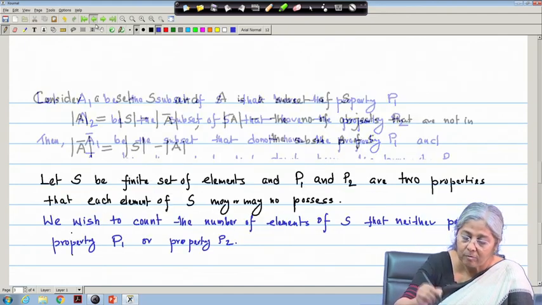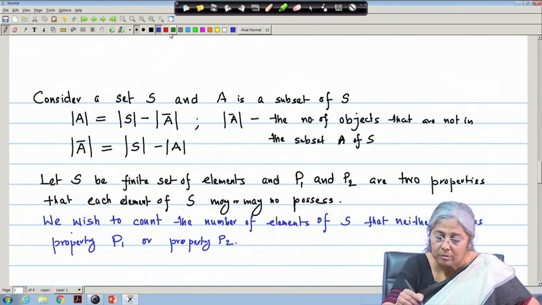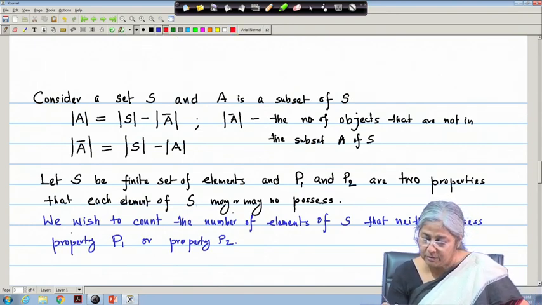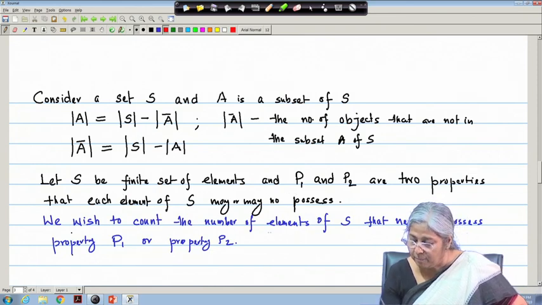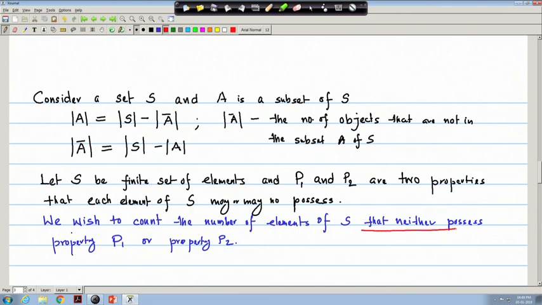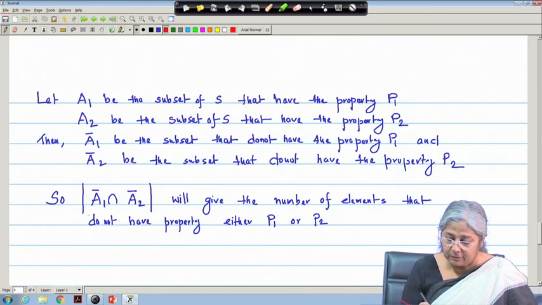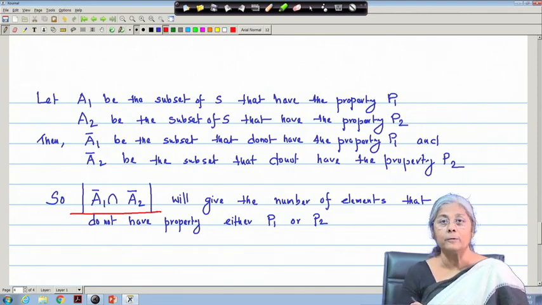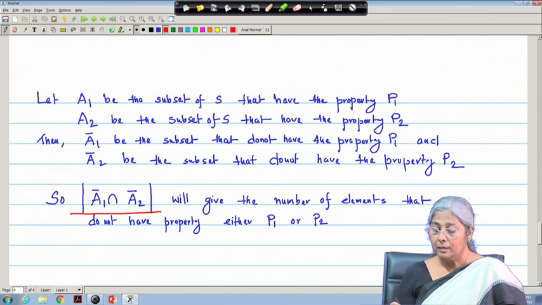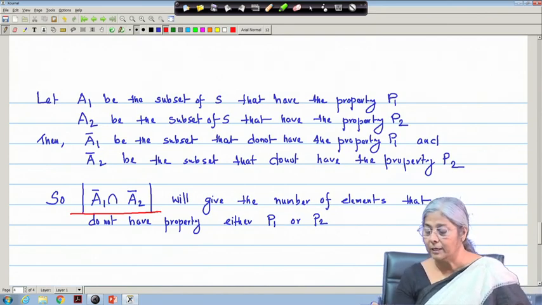See, our problem is that we wish to count the number of elements of S that possess neither property P1 nor property P2. So, clearly A1 bar intersection A2 bar will give us that number of elements of S that have neither P1 nor P2.